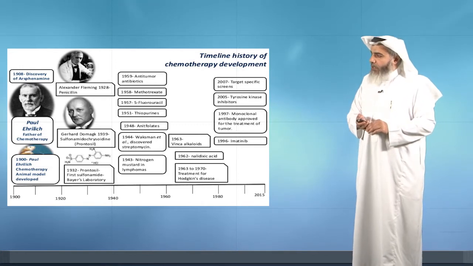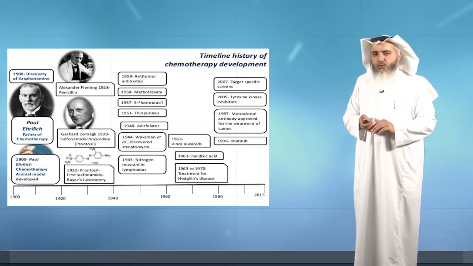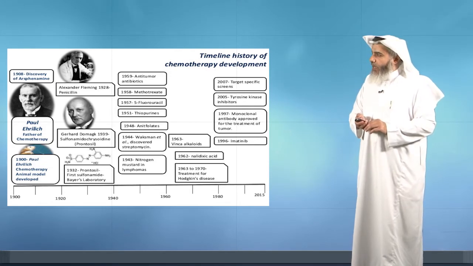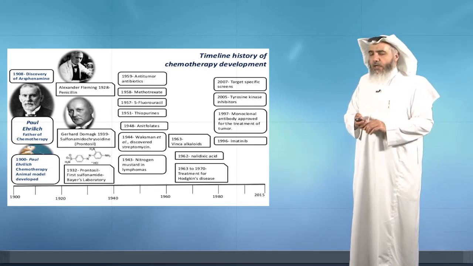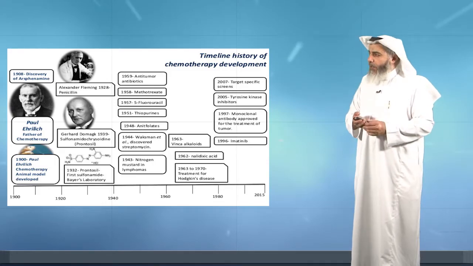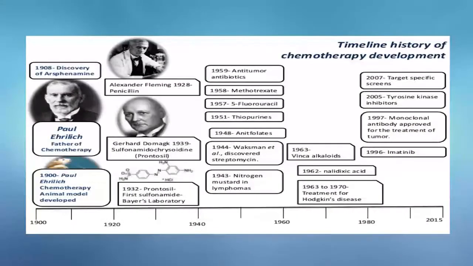The chemotherapy at that time was not used to treat cancer, but to treat other diseases. Alexander Fleming in 1928 discovered penicillin, which is a milestone in the history of medicine.